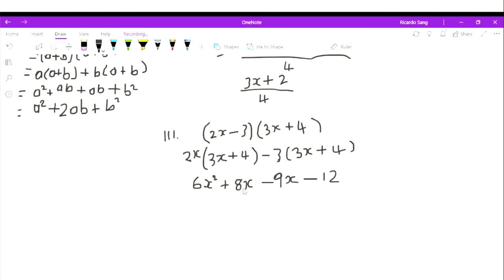So we can simply add these two numbers and that will satisfy it. So if I have plus 8 and negative 9, 9 is bigger than 8, so it will keep the sign, so that will be x. So the answer here would be 6x squared minus x. 9 minus 8 leaves 1, which is 1x, so that is just x.